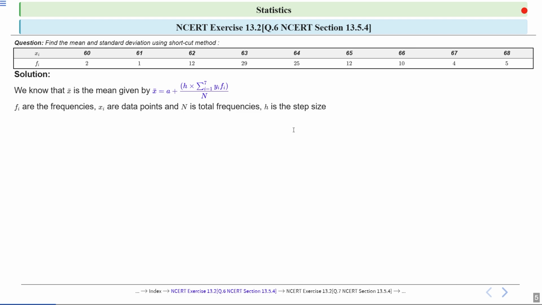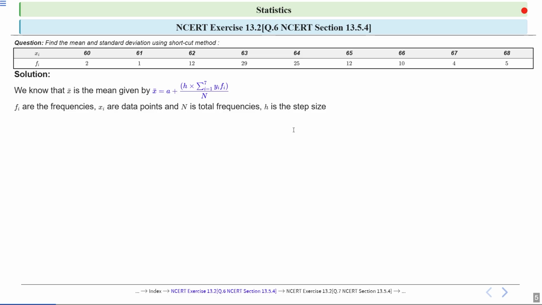Now let's see how to find the mean using the shortcut method. The formula we know for mean x bar is x bar equal to a plus h times summation from i equal to 1 to 7 of yi times fi divided by n.